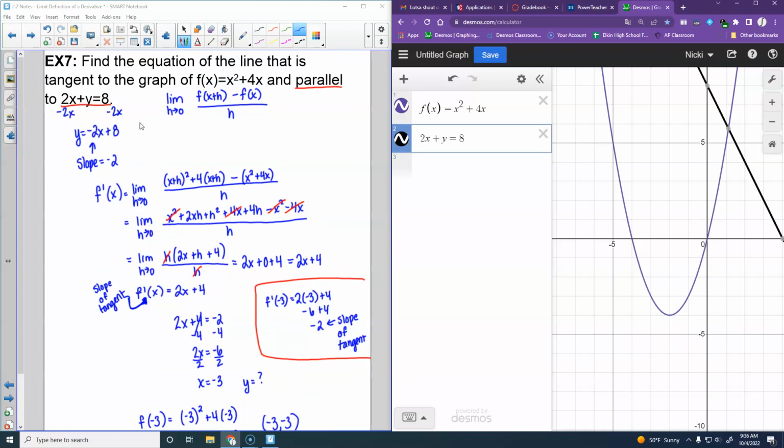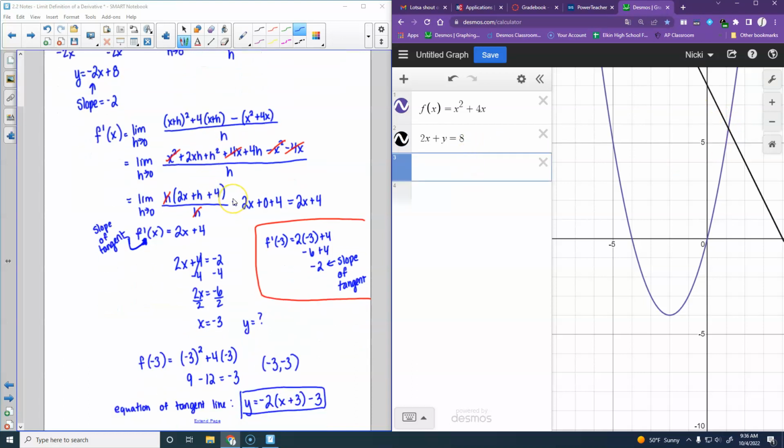So we wanted a tangent line parallel to that, but obviously that's not our tangent line, right? So if we check our answer, hopefully it's going to look good. y equals negative 2 times x plus 3, minus 3. You can see the tangent line parallel to that black line right there is our answer. So it looks like we've done a good job there.